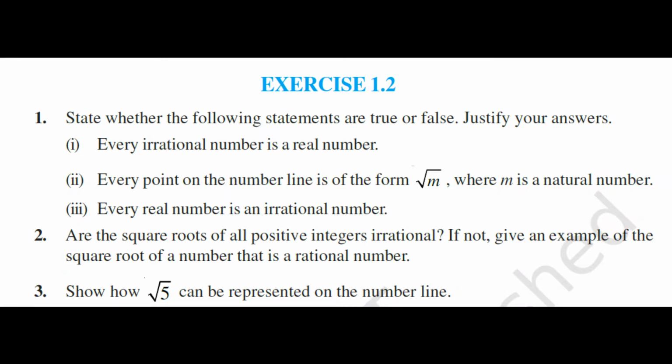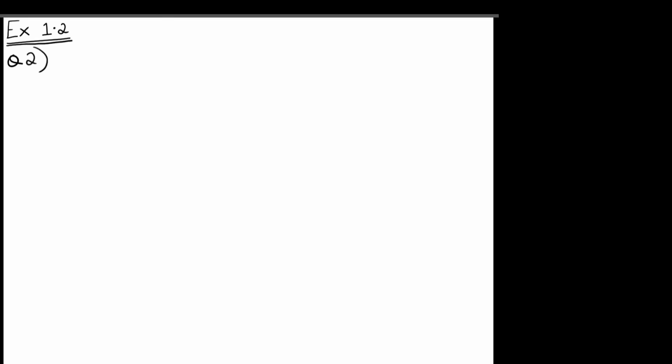We'll move to question 2 of exercise 1.2. Question 2 says, are the square roots of all positive integers irrational? If not, give an example of a square root of a number that is a rational number. So the answer to this question is, as you would have guessed, no. Square roots of all positive integers are not irrational.